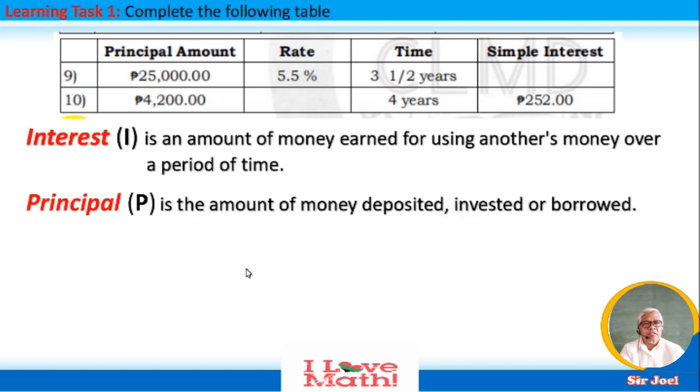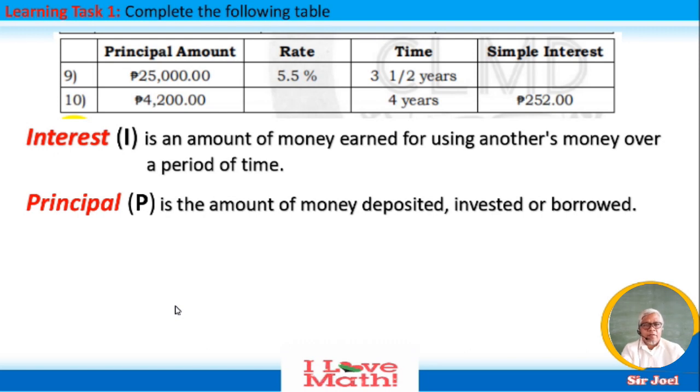Okay. Next, principal or P. So, that is your principal amount. Is the amount of money deposited, invested, or borrowed. Yan. Kapag pala ikaw ay nagdeposito, nag-invest at nangutang, yun ang tinatawag na principal amount. Kung saan, yung principal amount mo ay magkakaroon ng interest or yung tinatawag na tubo.